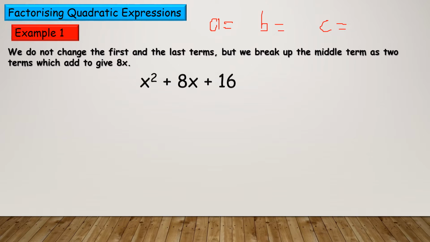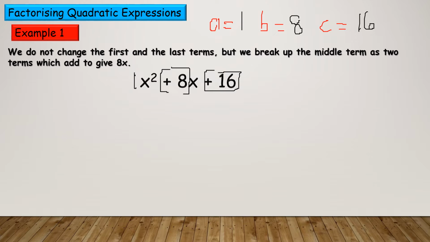For b, we can see the number in front of the x is 8, and c is a positive 16. When it comes to the x squared term, we don't have a number in front, but the coefficient of this x squared is 1. So our value for a is 1.